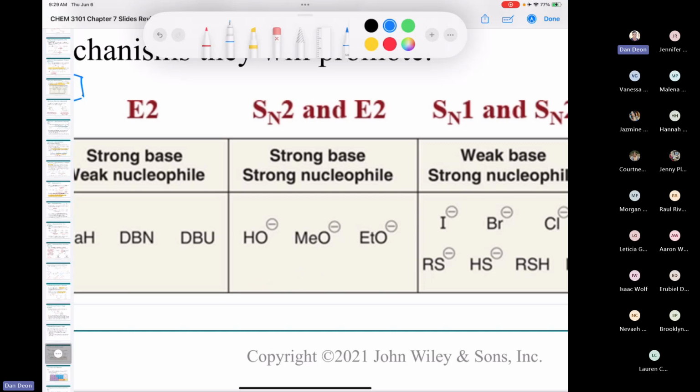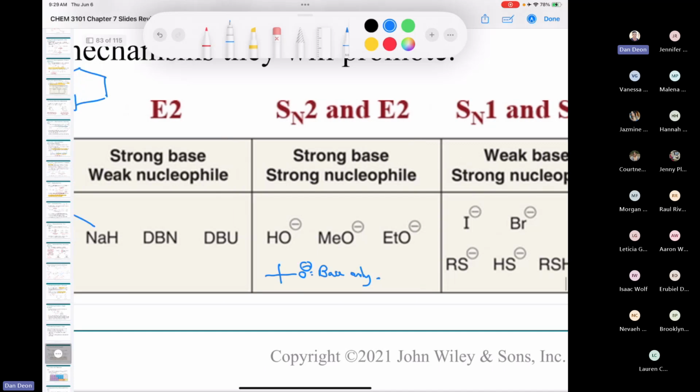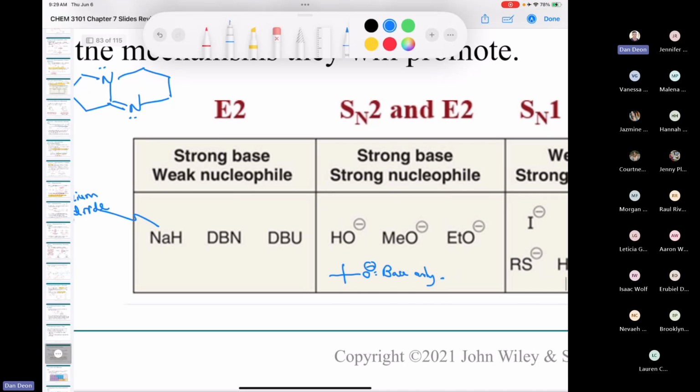So you could even pencil that in here, really. You could say tert-butoxide, you could put here base only, okay? Because that does show up a lot, but it's a very strong base, weak nucleophile. So technically, it could be put into this section here, okay? So don't put that alkoxide in with those ones.